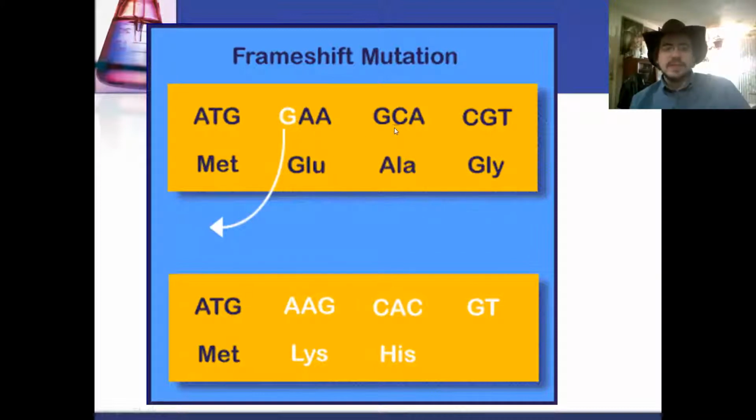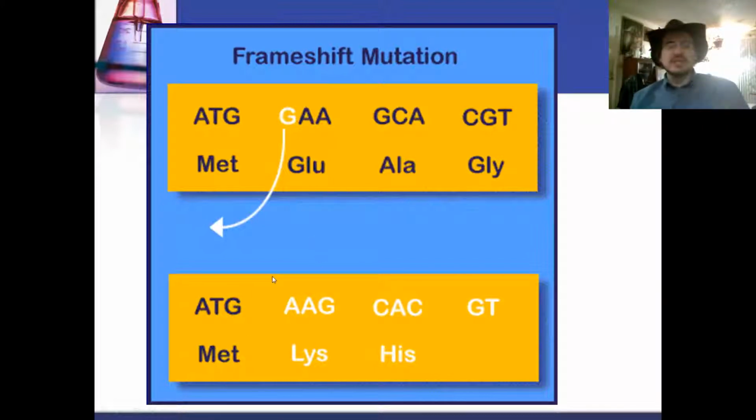But if you delete my G here, it becomes AUG, AAG, CAC, GU. So we delete this nucleotide and move the frame over. And it screws up absolutely everything after the deletion.